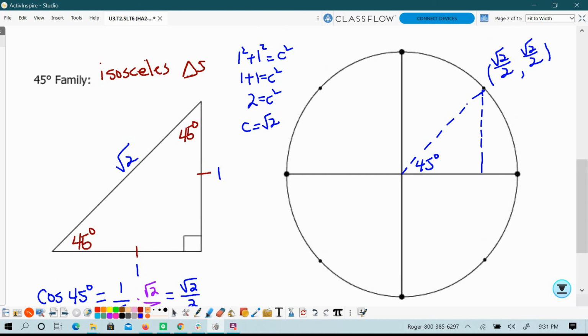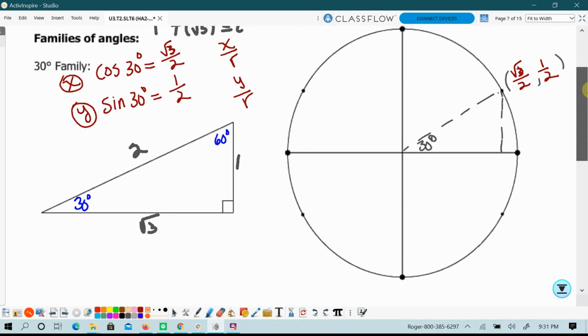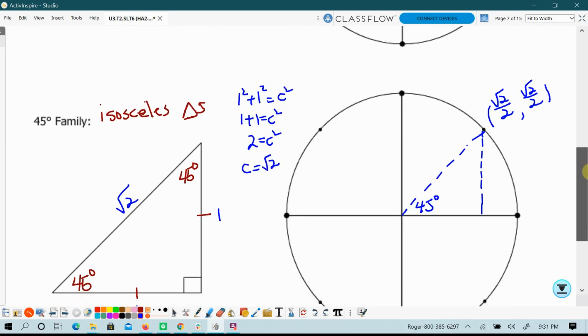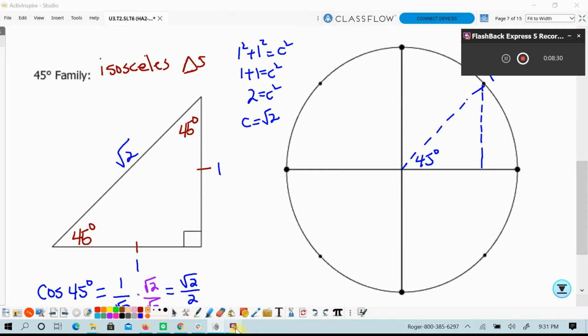So far we have 2 angles complete and 2 coordinate sets filled in quadrant 1: at 30 degrees, root 3 over 2, 1/2, and at 45 degrees, root 2 over 2, root 2 over 2.